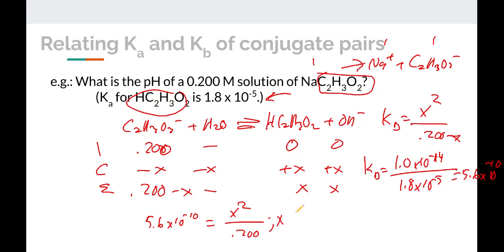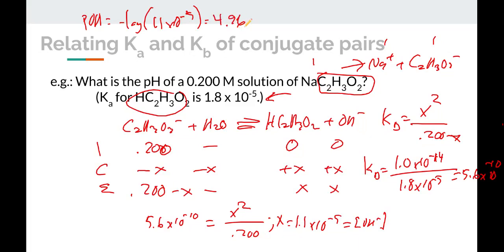And then we can solve for x, and we find out that x is 1.1 times 10 to the negative 5, and that is the concentration of OH minus. So that means pOH is equal to negative base 10 logarithm of 1.1 times 10 to the minus 5, which is 4.96. So that means the pH is 14 minus 4.96, which is 9.04.